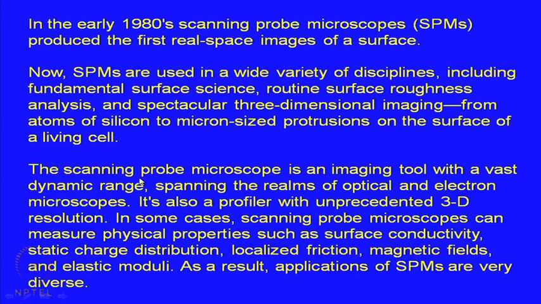Okay. So, in the early 80s, scanning probe microscopes were first introduced, and they were able to produce the first real space images of a surface. What is a real space image? It is essentially a 3-dimensional image of a surface, so that you do not see only the lateral structures or measure only the lateral dimension of the structures, but you also get true information about the feature height.